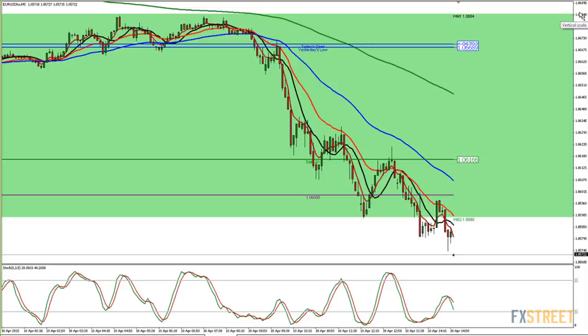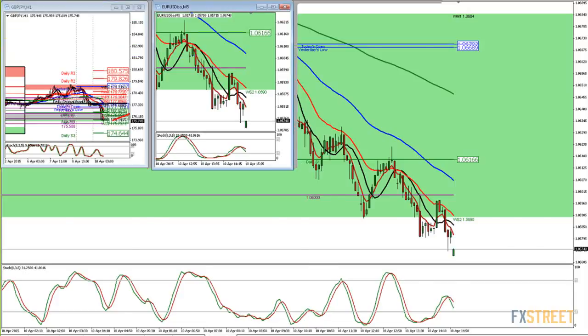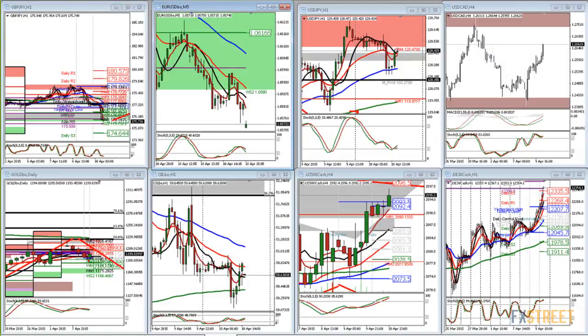You can see the daily S1. That's why it's clustered in here, the daily S1. But then that support became resistance. So, you know what? I don't even want to throw a binary on that. It just seems like degenerate gambling. So let's move on.